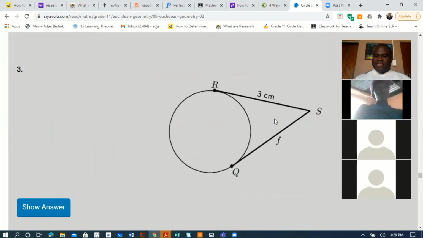We have 3 centimeters, and then we have letter F here. Mutel, this question is yours. What should be the value of letter F? 3 centimeters. Matipe, what is the reason behind that? 2 tangents from the same point outside the segment.